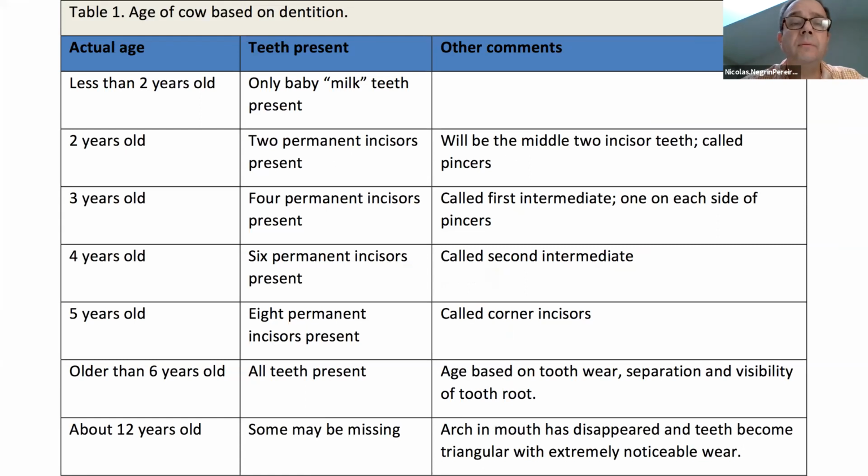And in this table, we can see the appearance of different teeth in cattle and the age they show. Normally, cattle are less than 2 years old when they change their deciduous teeth to the definite teeth.